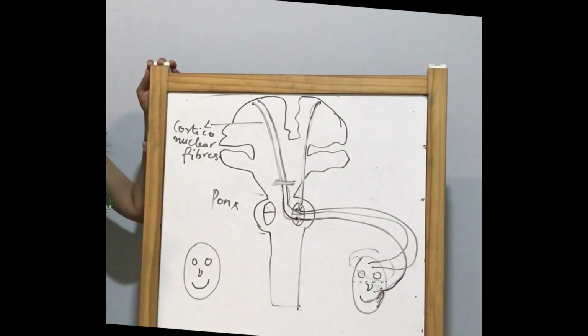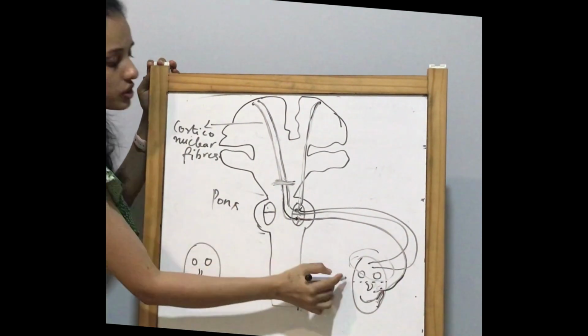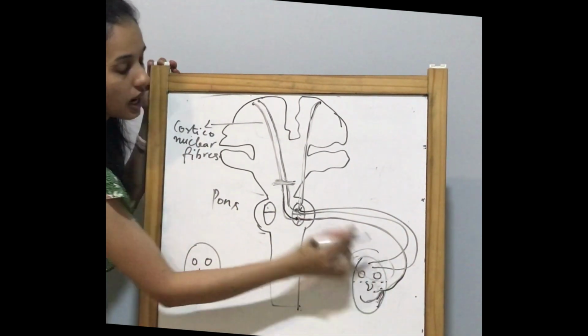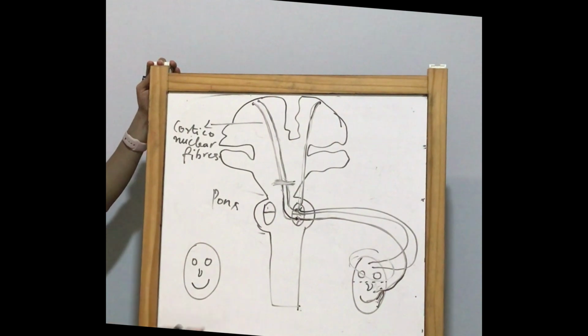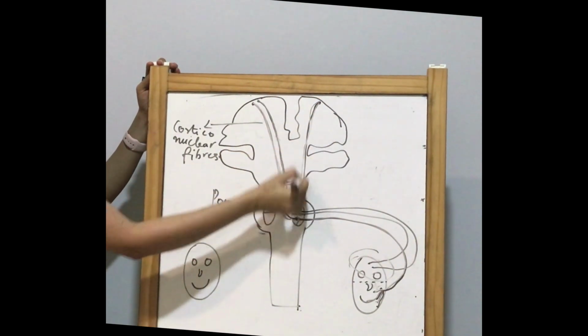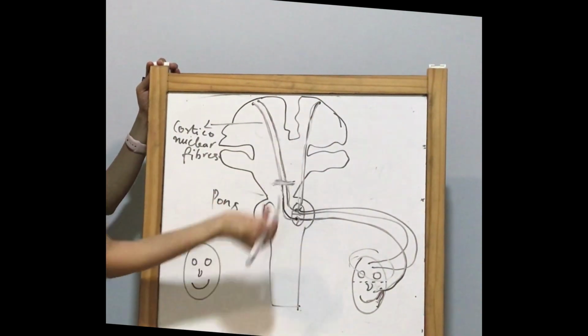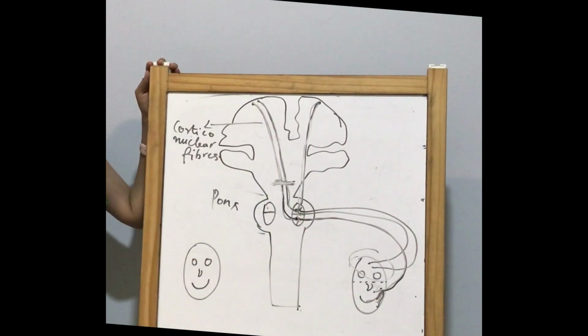The patient will have weakness, an upper motor neuron lesion, seen only on the lower part, but the upper part is spared because it receives fibers from the same side, which is not affected. Only the opposite side is affected.